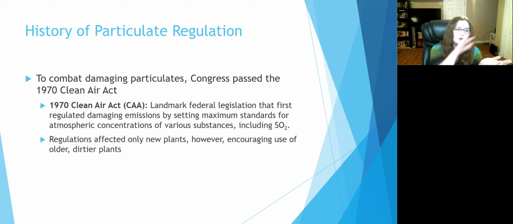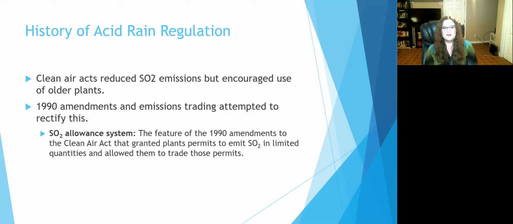There's lots of people who would prefer the dirtier plants, and unfortunately that's what we saw after the 1970 Clean Air Act. That's why there are not many new coal burning plants that have been built since 1970, and why some of the ones from the 50s and 60s, though completely dangerous to operate, are still operating today. So the Clean Air Act reduced a lot of the SO2 emissions, but it encouraged the use of these older plants that might have actually been inefficient.